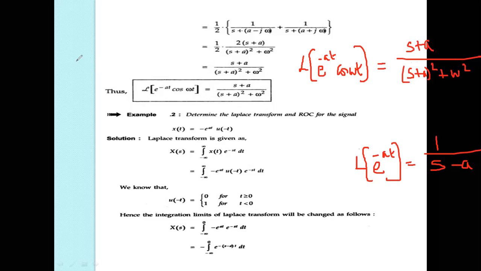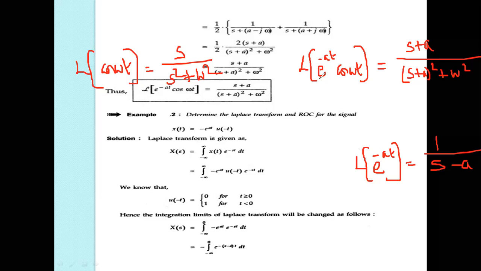Actually, the Laplace transformation of cos omega t is s by s square plus omega square.